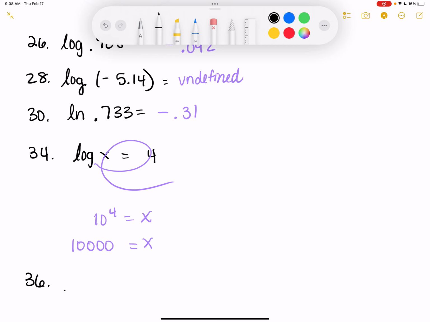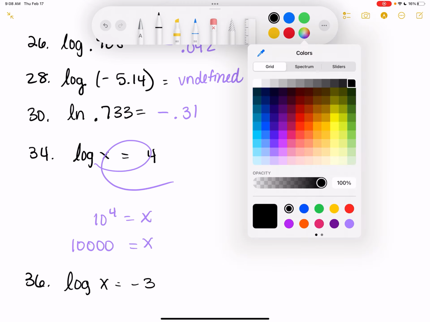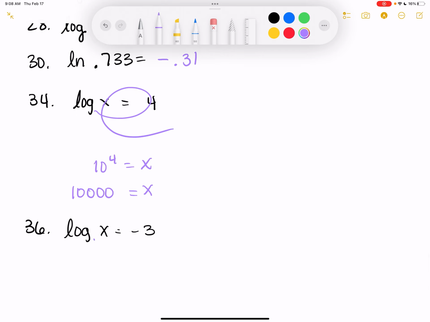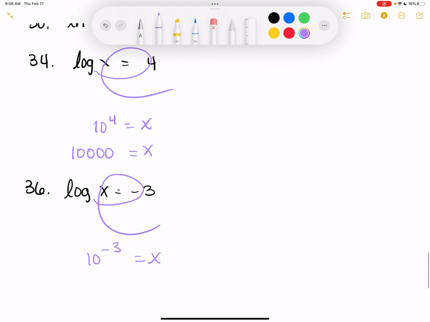Last one. I wrote it wrong. 36. The log of x is equal to negative 3. I wrote 1,000. So make it exponential. 10 to the negative 3 is equal to x. So what is x equal to? 1 over what?